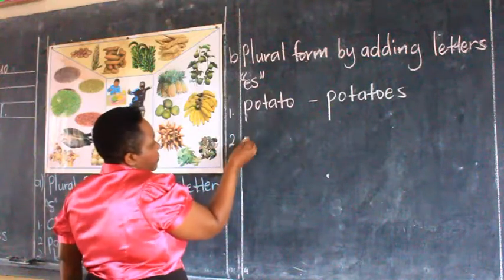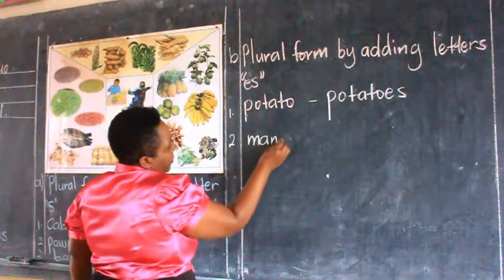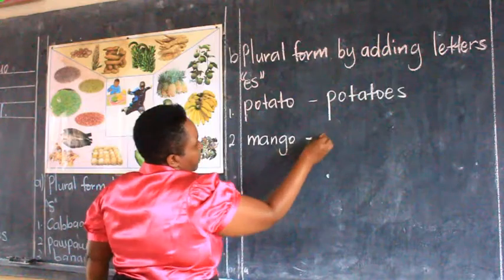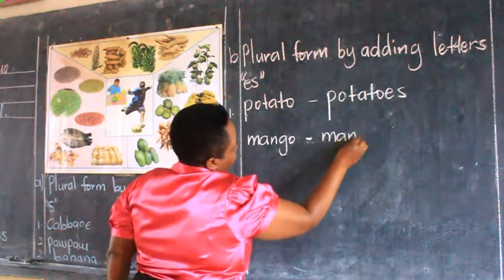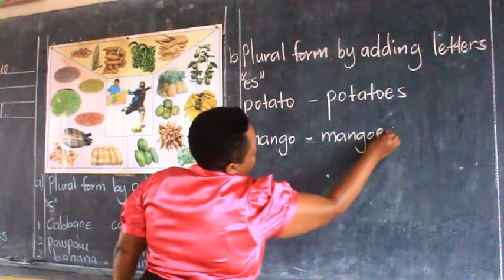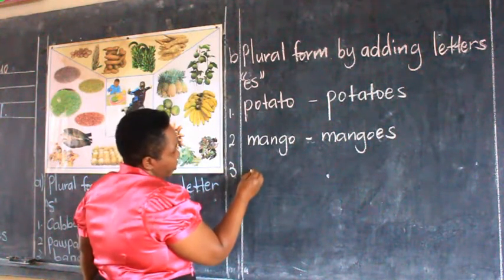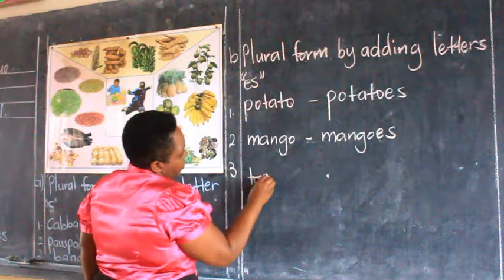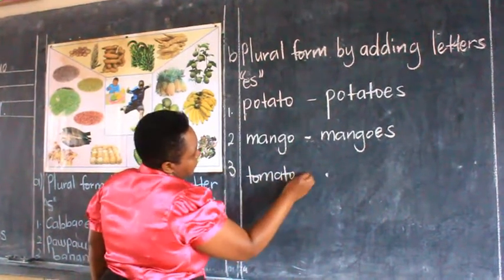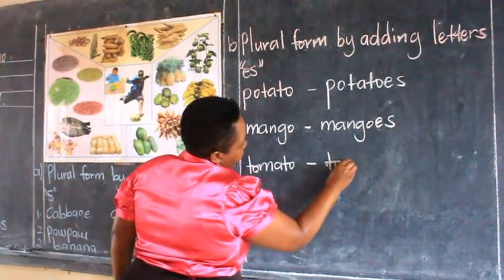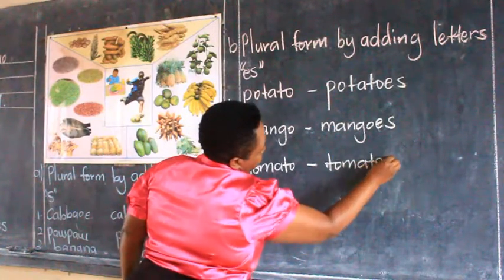We have mango in singular form, and the plural form is mangoes. And we also have tomato, and the plural form is tomatoes.